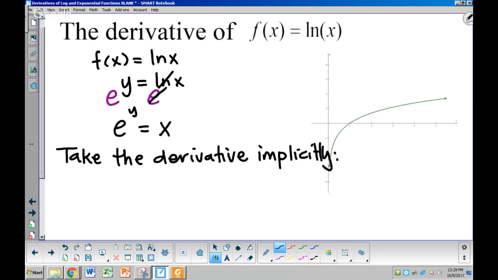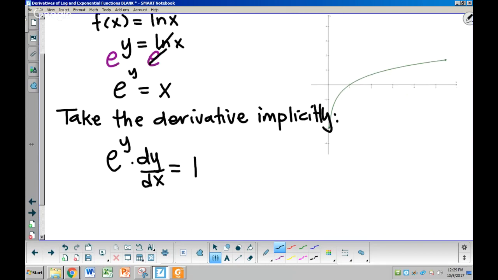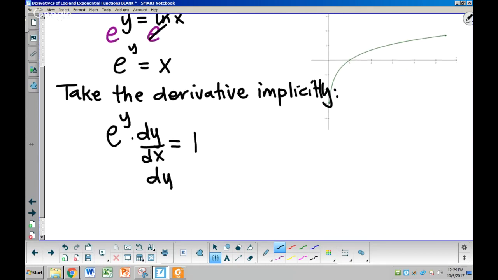So what's the derivative of e to the y? e to the y times the derivative of the inside, which is dy/dx, equals, well, what's the derivative of x? 1. And so then dy/dx is equal to 1 over e to the y. That's great, but I'd like to have it in terms of x.